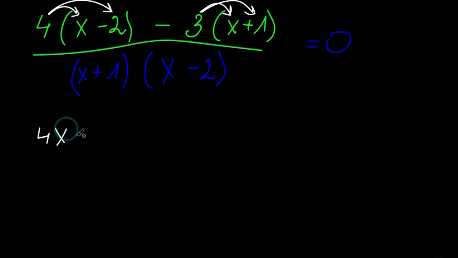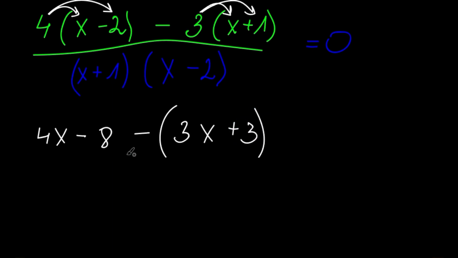We get that 4x minus 4 times minus 2, or 4 times 2, but because there is a minus, the minus appears here. So 4x minus 8 minus, now don't forget this minus, and let us make big brackets here. 3 times x will give us 3x, 3 times 1 will give us 3, the brackets close, and we rewrite this.